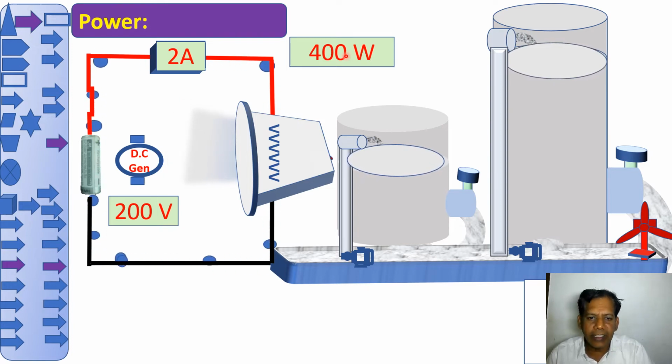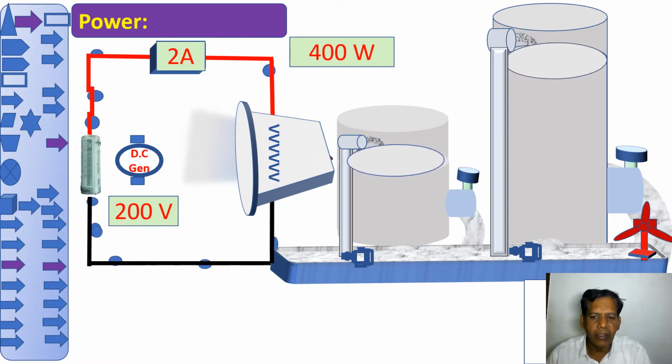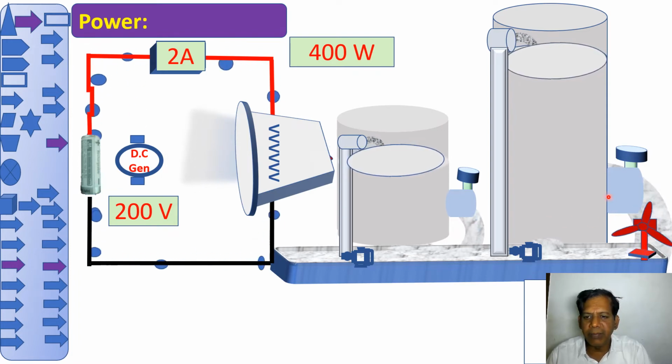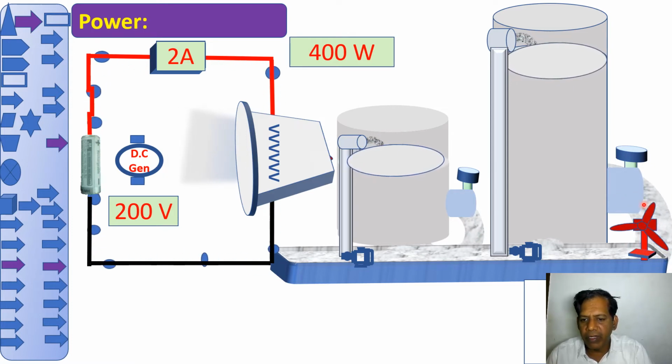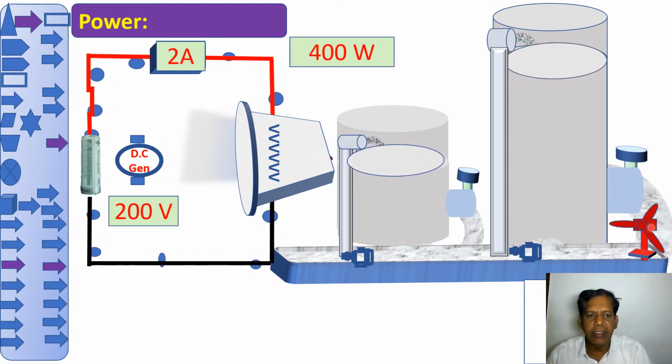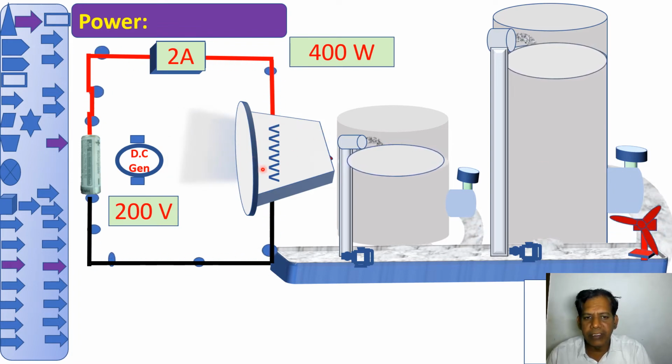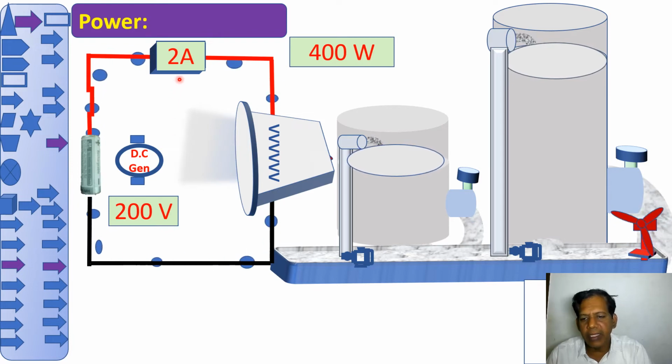To understand this concept, let us go for the water circulation principle. The power developed by the fan depends upon this water pressure and the water flow, the quantity of water impinged on this fan. Similarly, the power developed by this lamp depends upon this voltage and the current.